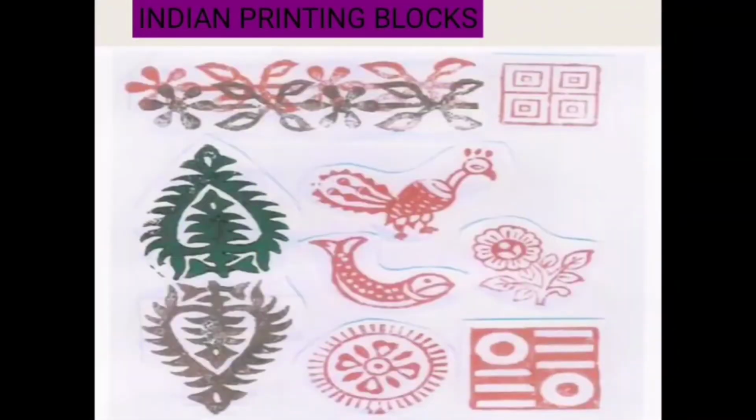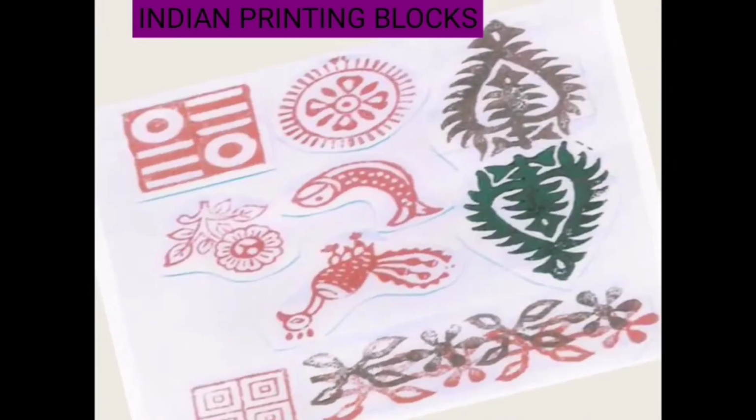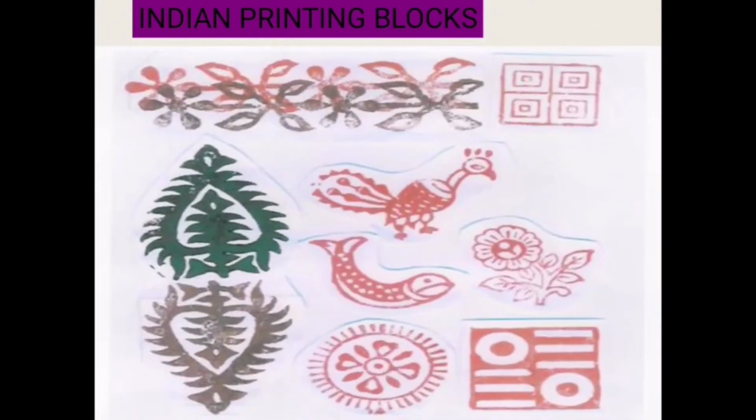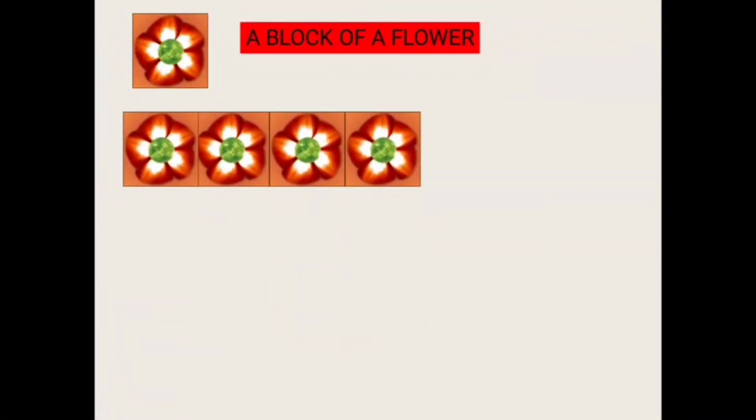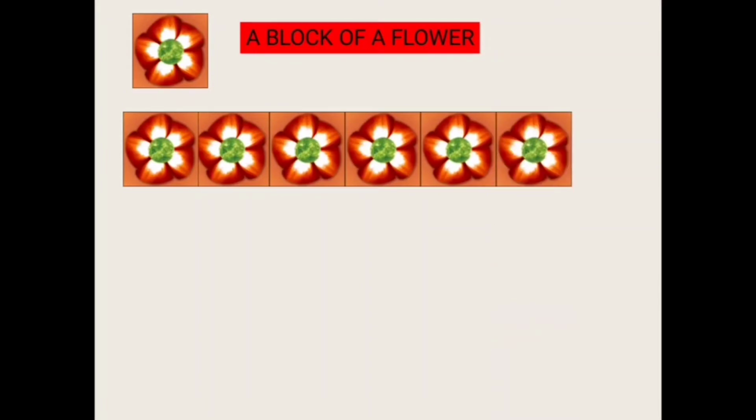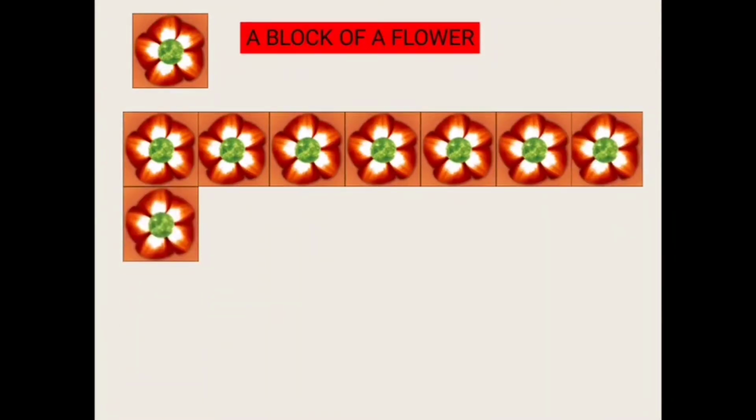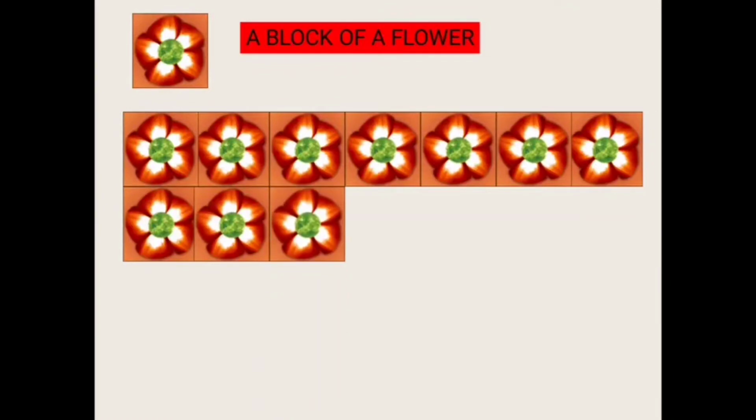Now see here, Indian printing blocks. Here are some blocks which are made up of different designs. These are designs of patterns. Now here are block painting, a block of flower. Now look here. This block of a flower makes different types of patterns.